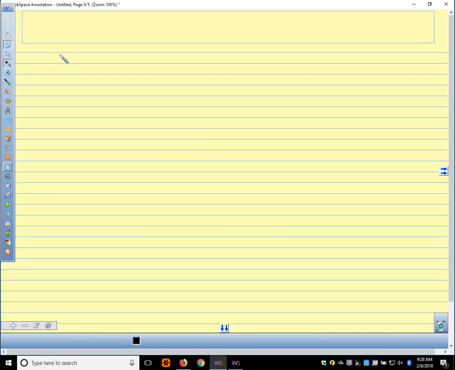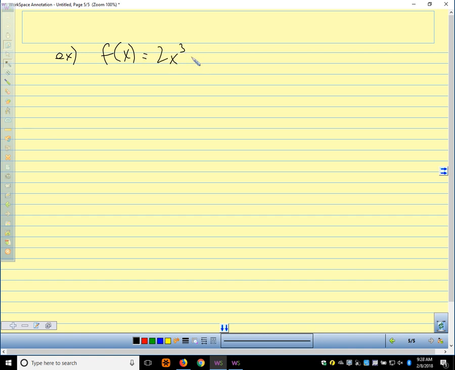Let's look at one more, just to make sure we see how the sign changes work. F of x equals 2x to the third minus x squared plus x plus 4. So let's count the sign changes.